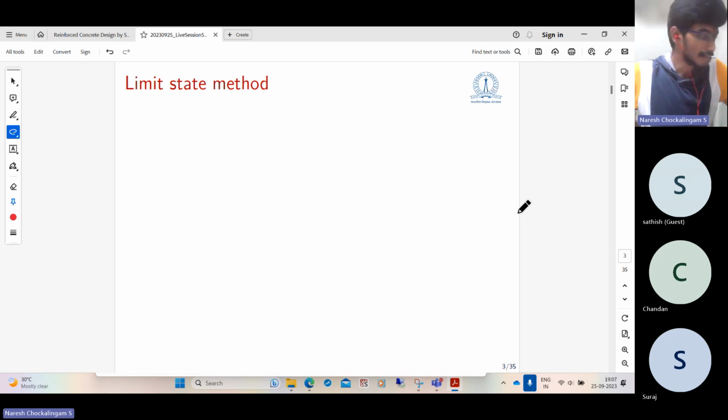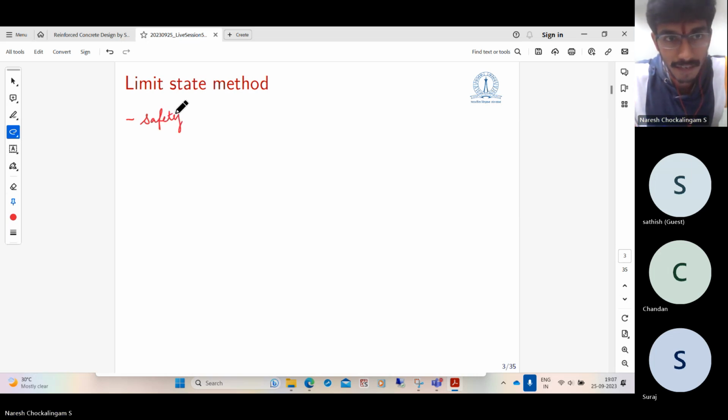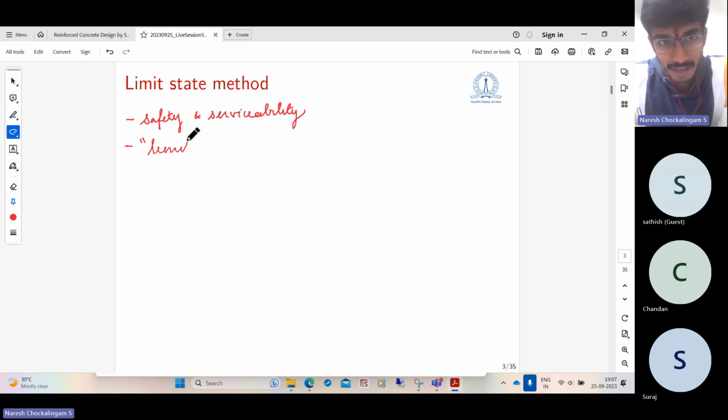So let us get started. What is the limit state method? In the limit state method, we aim for both safety and serviceability. The limit state method identifies what are called limit states. And what do limit states mean? A limit state is a point at which the structure stops performing as expected.